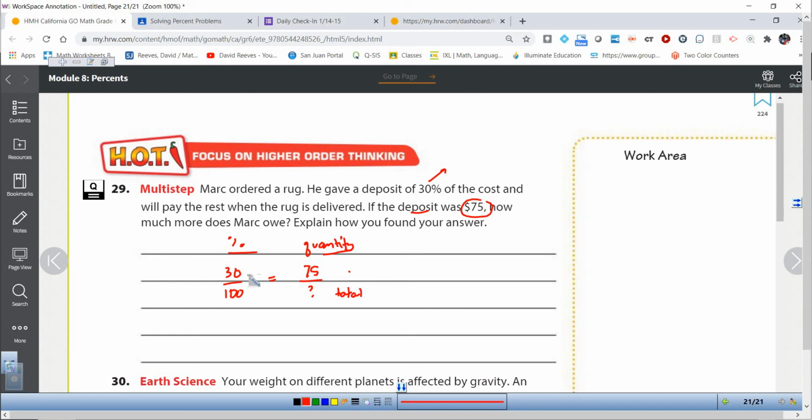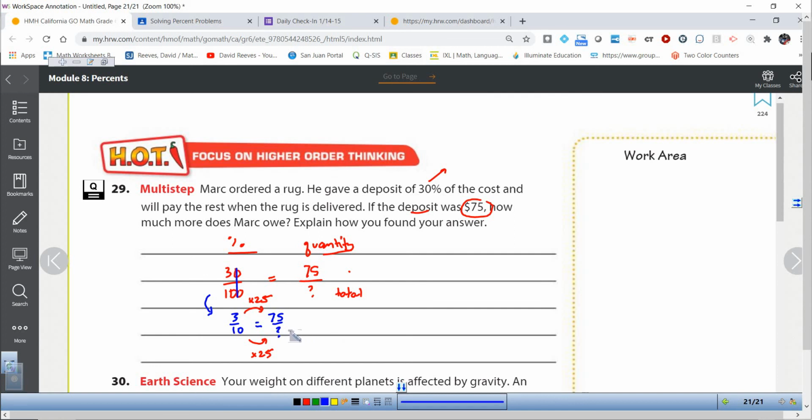First of all, 30 does not go into 75 evenly, does it? So I'm going to have to simplify. I'm going to simplify 30 over 100 down to 3/10. And then I'm going to say 3 goes into 75 25 times. So what does that tell me?